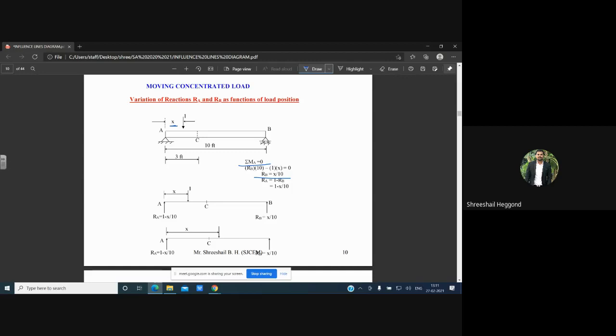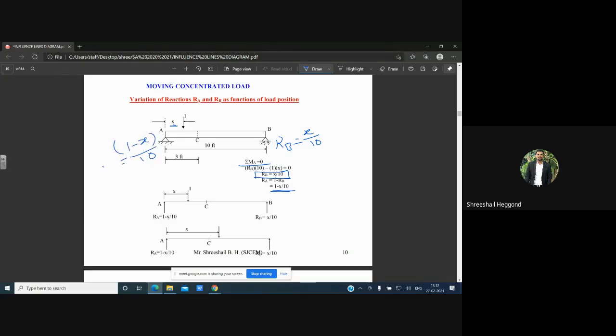Where the load is applied, depending upon that the value will change. If x is an unknown value, then RB will be x divided by 10. Therefore, RB is written as x divided by 10, and RA will be 1 minus x divided by 10.